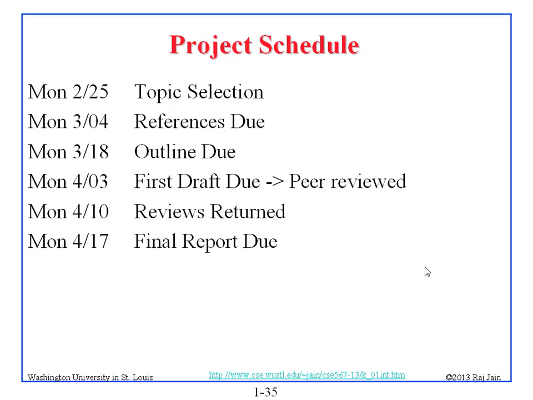The only thing is that we do get it reviewed by peers. Everybody will review three papers, so you will get three reviews of your paper, just like a journal. Then you change your paper and submit the other one on 4/17. You cannot write a new paper on 4/17, because it needs to be reviewed. It's just minor changes.